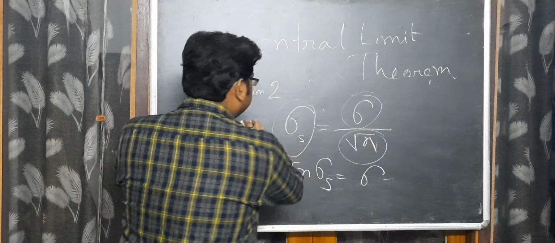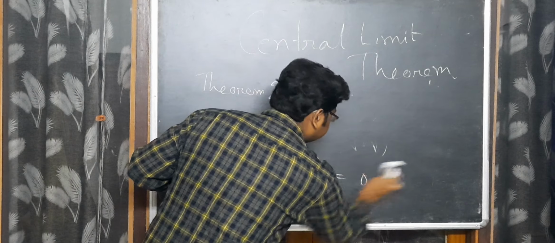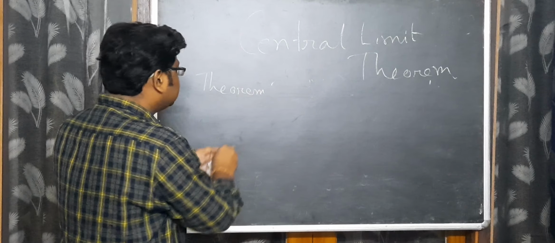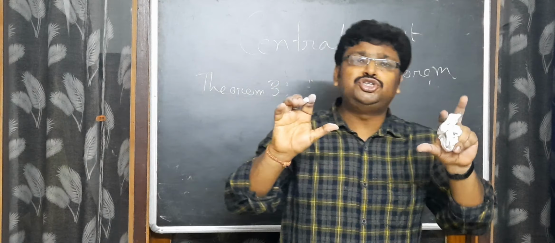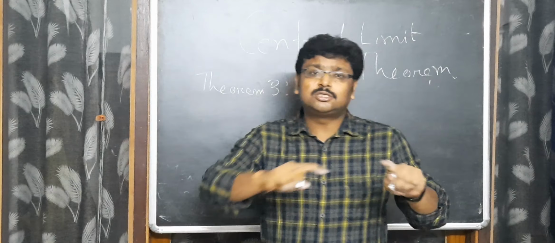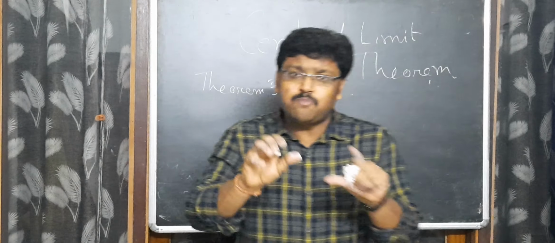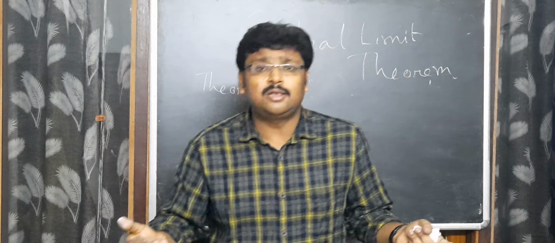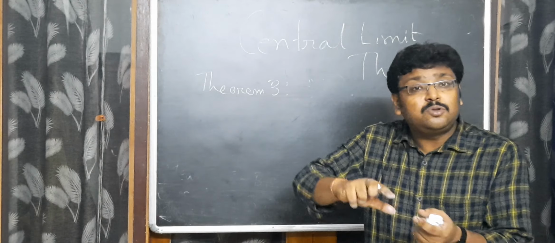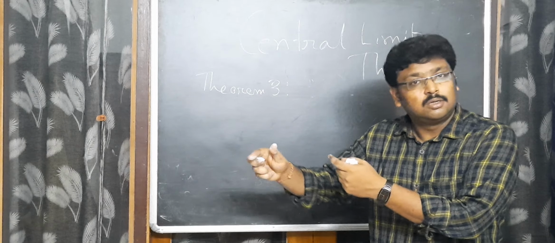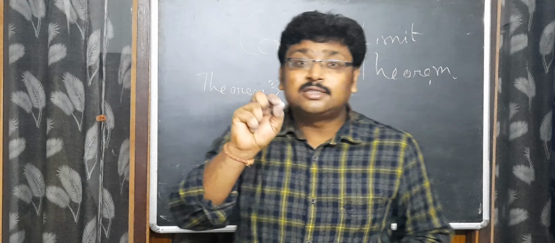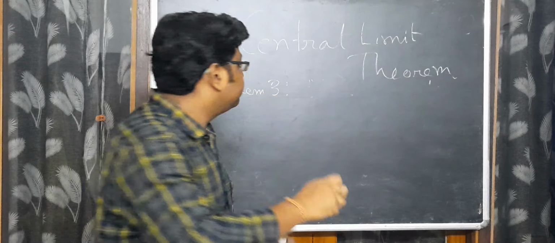The third theorem is: if the population distribution is normal, then the sample distribution is also normal. Clear? This is the third theorem.